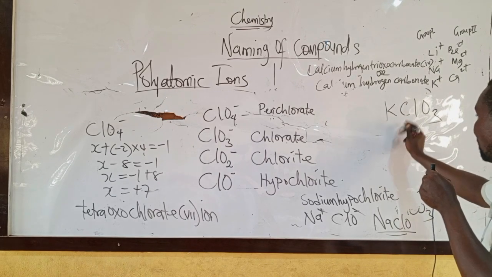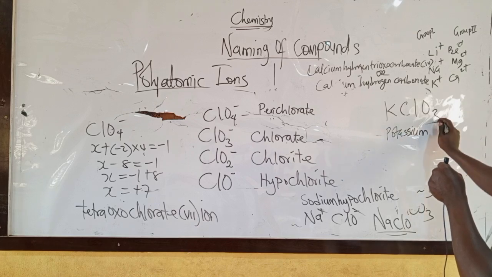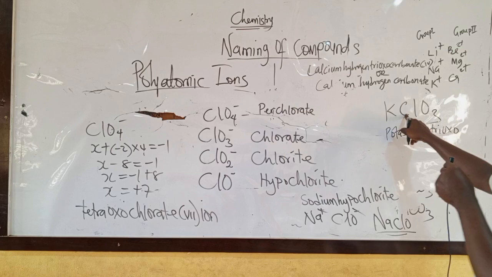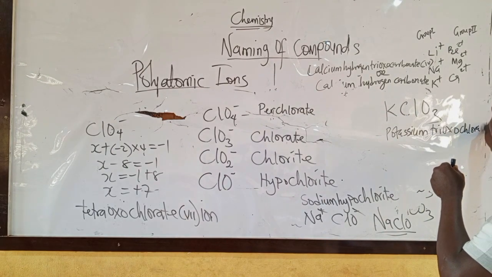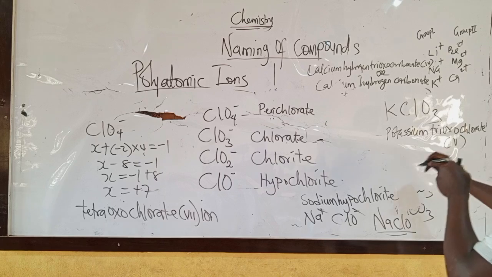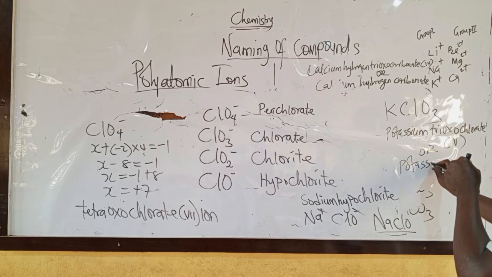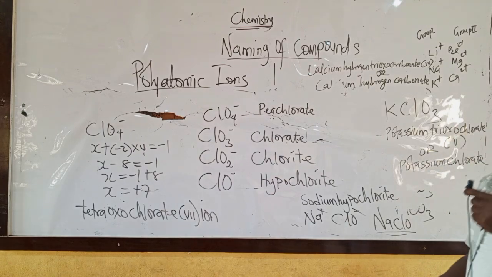That means I can say the name is potassium trioxochlorate. If you calculate the oxidation number of chlorine, it is 5. Potassium trioxochlorate(V), or I can call it potassium chlorate. That's it.